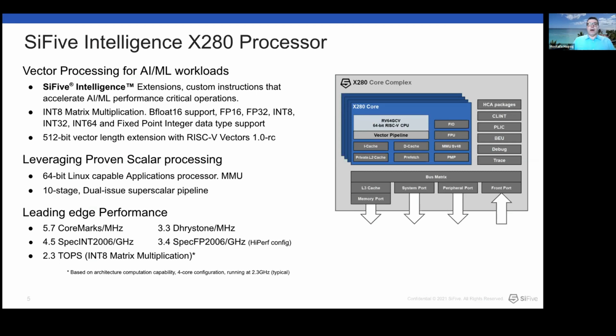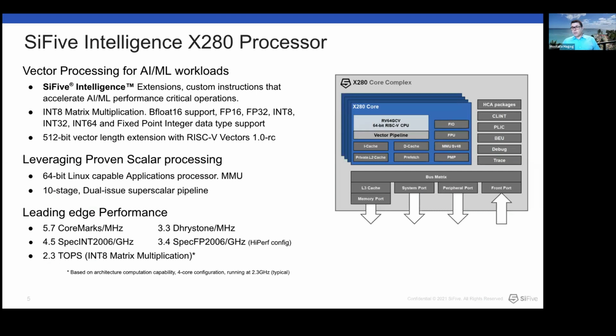So the X280 has the latest vector extension implementation, alongside all these data types that the RISC-V vector specification provides, in addition to special data types that are commonly used in the AI domain, and of course these special instructions that I mentioned before. We'll show you later some of the results that showcase the value, the performance improvements and efficiency, of these instructions.